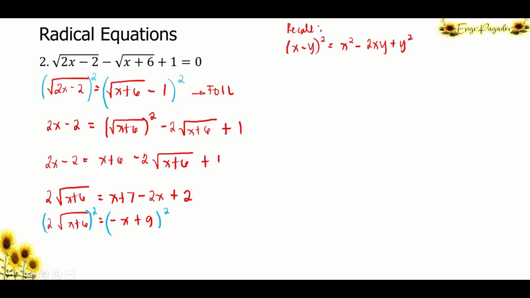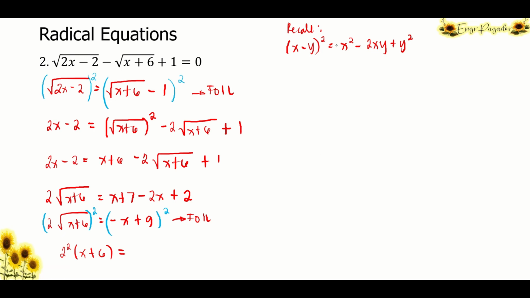Okay? So, if you're going to simplify this one, 2 squared, of course, magka-cancel yan, so that will be equal to x plus 6. Okay? And this is equal to, apply ulit natin si FOIL method.